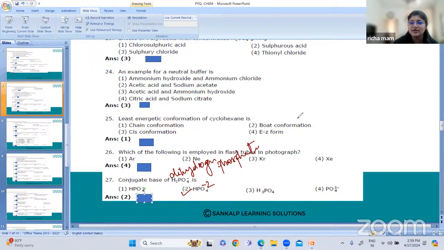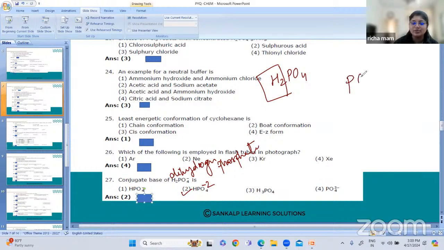Here it is H2PO4 minus. Now, if you remove a proton from the conjugate acid, what will you get? You will get its conjugate base, right? So removing this one charge from the conjugate acid, it will lower the oxidation state.